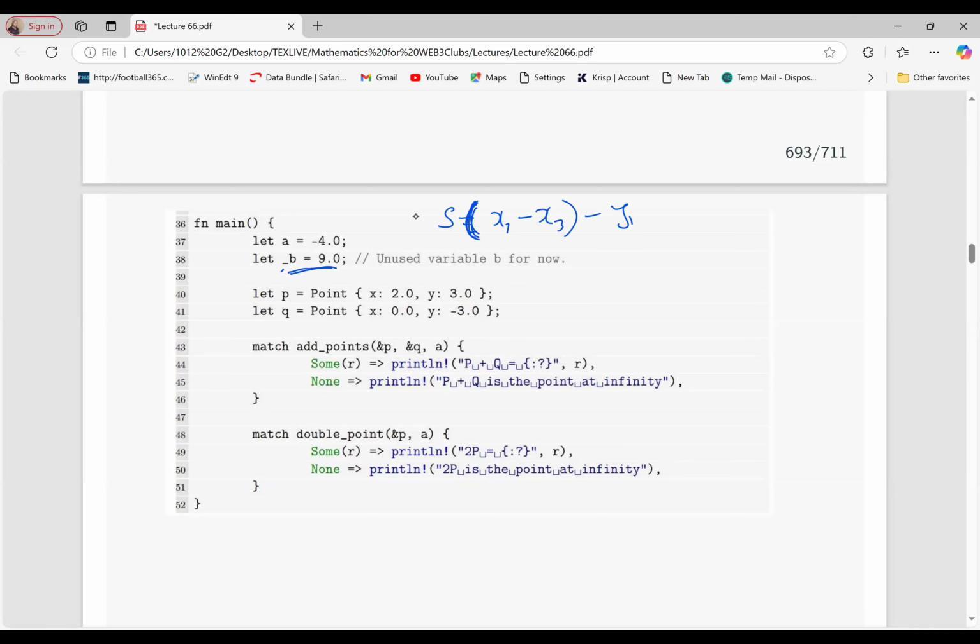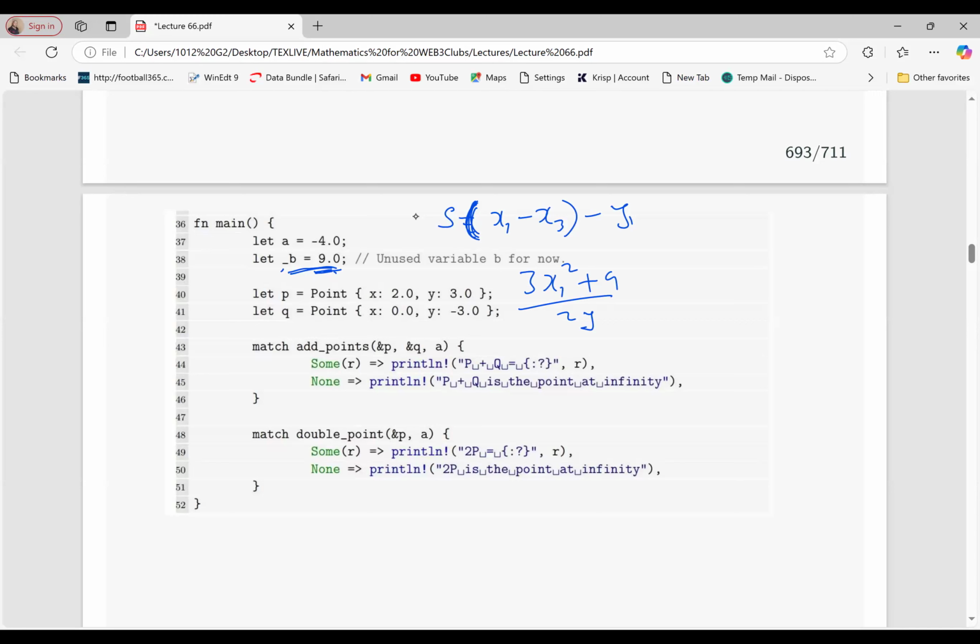Where I'm using a is the gradient, 3x1 squared plus a over 2y. So there's nowhere my formula requires b. But I had to state it so that the program knows what my elliptic curve is.